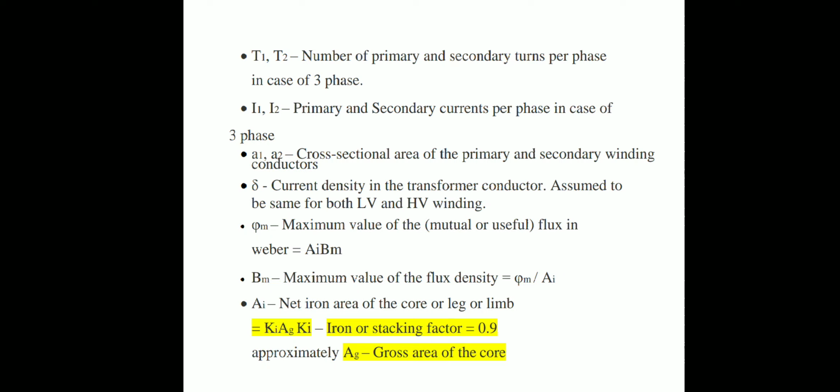Phi m is your maximum value of the flux in Weber, which is AI Bm. Bm is your maximum value of the flux density, phi m upon AI. AI is equal to the net iron area of the core or leg or limb, as we have seen in the previous diagram.